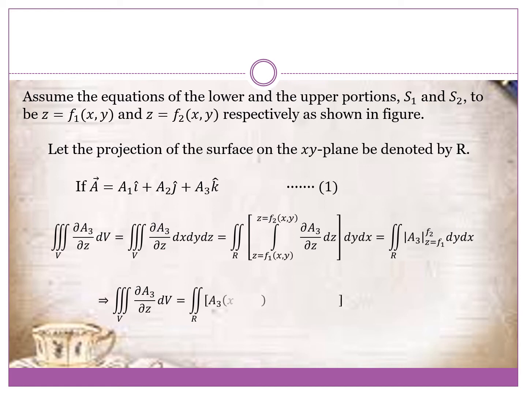The volume integral of this partial a3 by partial z results in a3, which was a function of x, y and z, and after putting the upper limit we get f2, minus a3, which was a function of x, y and z, and after putting the lower limit we get f1 here.